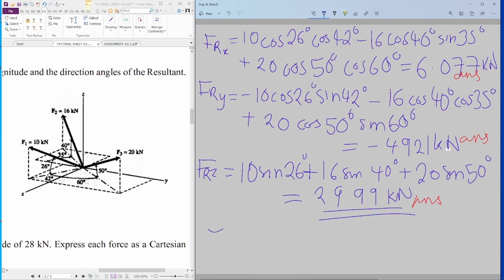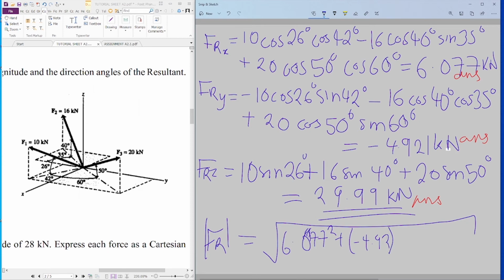So magnitude FR mag is equal to the square root of 6.077 squared, plus negative 4.92 squared, plus 29.99 squared, and this will give us a whopping 30.992 kilonewtons.